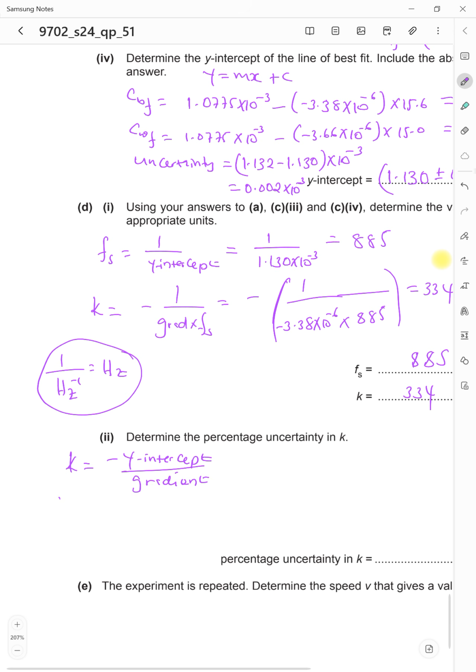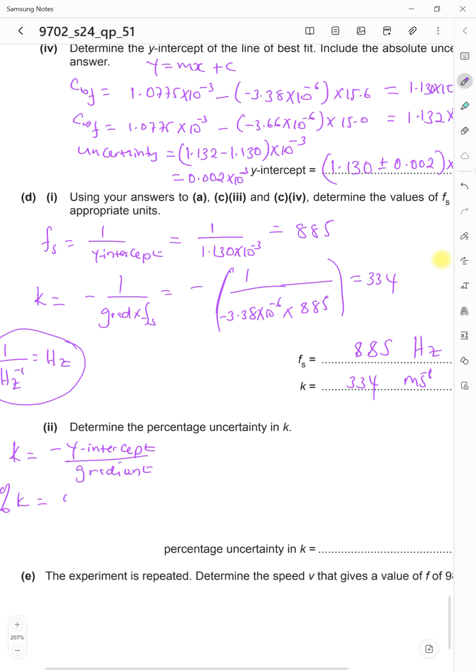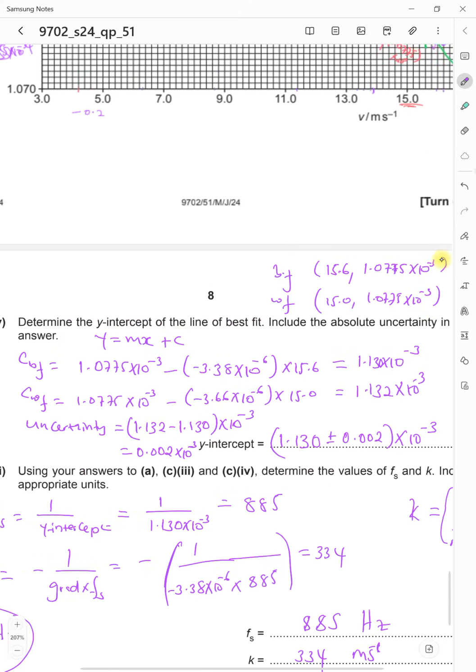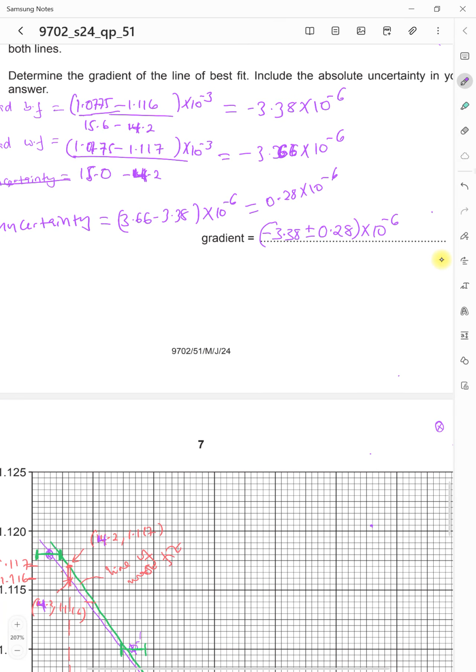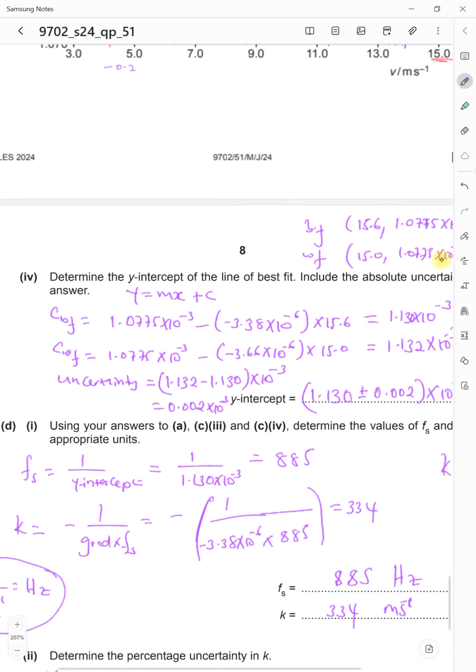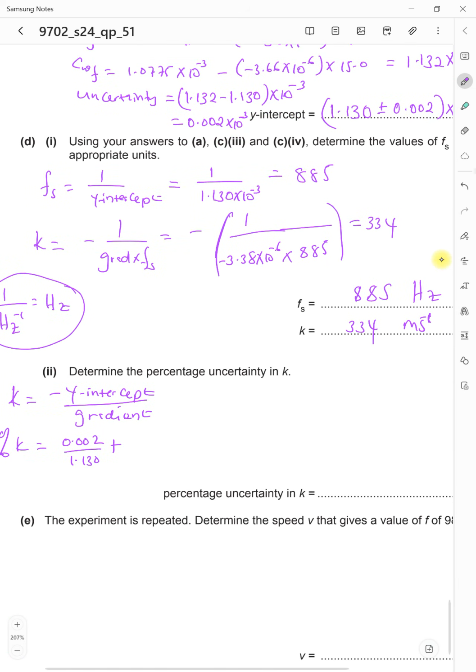So it means the percentage uncertainty in k is going to be equal to the percentage in the y-intercept, which is going to be 0.002 divided by 1.130 times, of course, 100, plus for the gradient it was 0.28 over 3.38. I'm ignoring the power of 10 because it will cancel out. So it is 0.28 divided by 3.38.